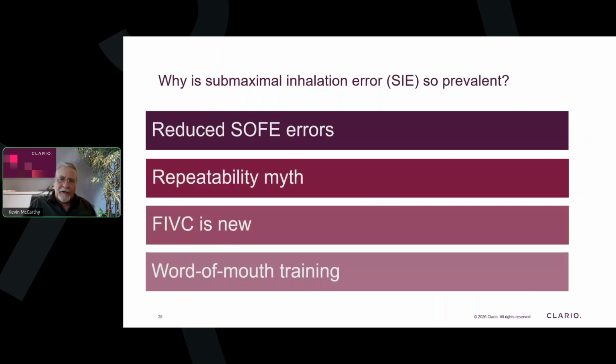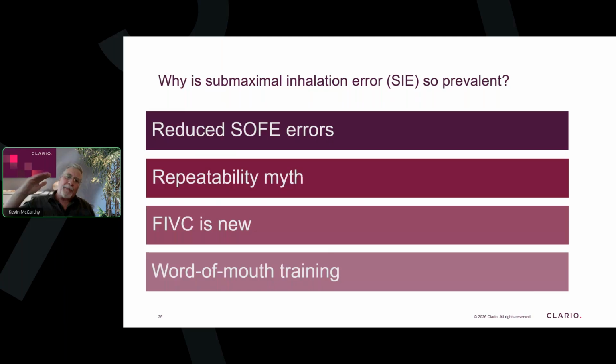So it's actually quite common, and I'll share with you some information on that in a second. And I have some theories about how it came to be. So if you give the command to blast the air out while the patient is still inhaling, as we often see on these volume time tracings, you virtually eliminate back extrapolated volume errors. Back extrapolated volume is air that's exhaled with less than maximal force.